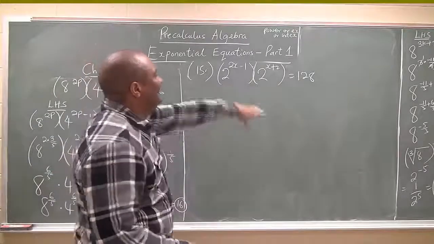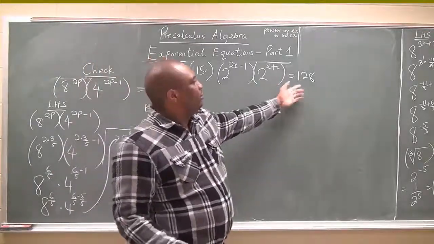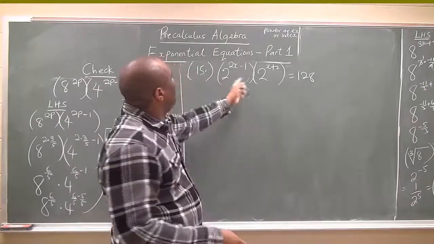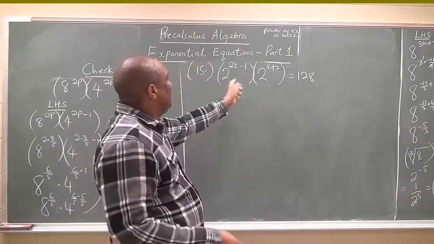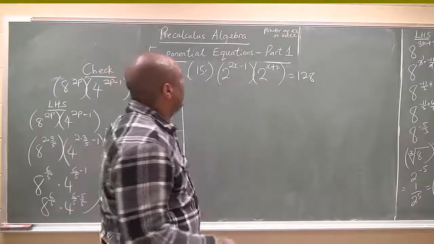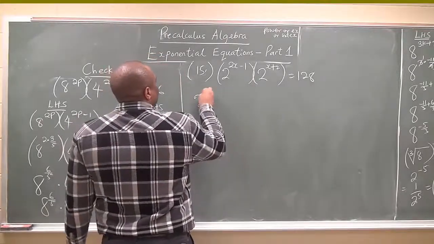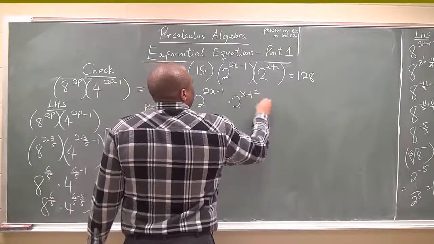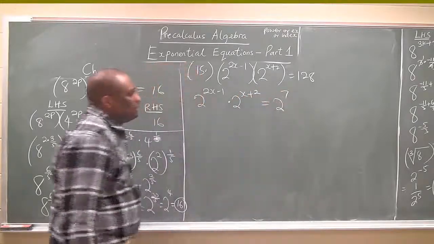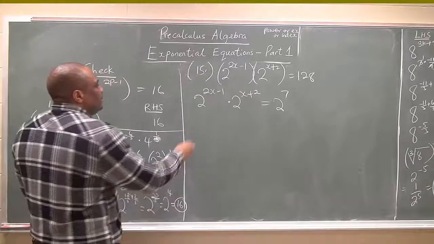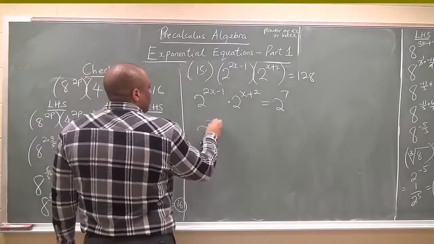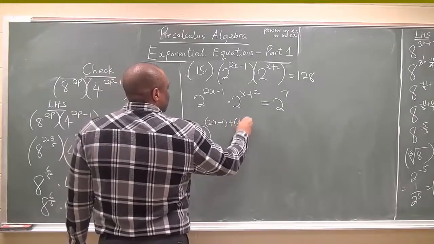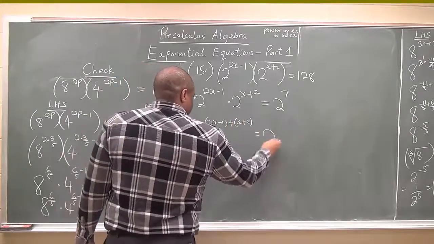Okay, so this is pretty straightforward. We've got to just express this in base 2, and we have to apply our laws of exponents here. Well, let's open up the parentheses. 128 is equal to 2 exponent 7. So this will be 2 exponent 2x minus 1, let me put it in parentheses, plus x plus 2 equal to 2 exponent 7.